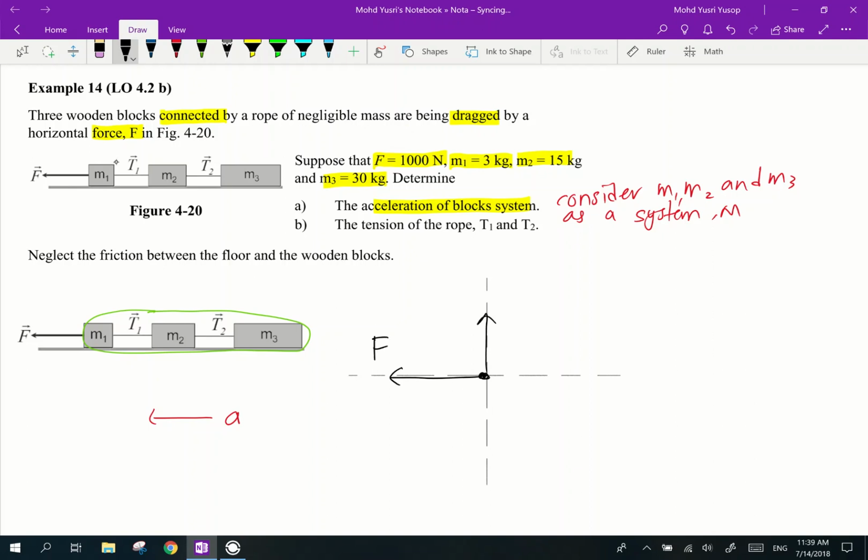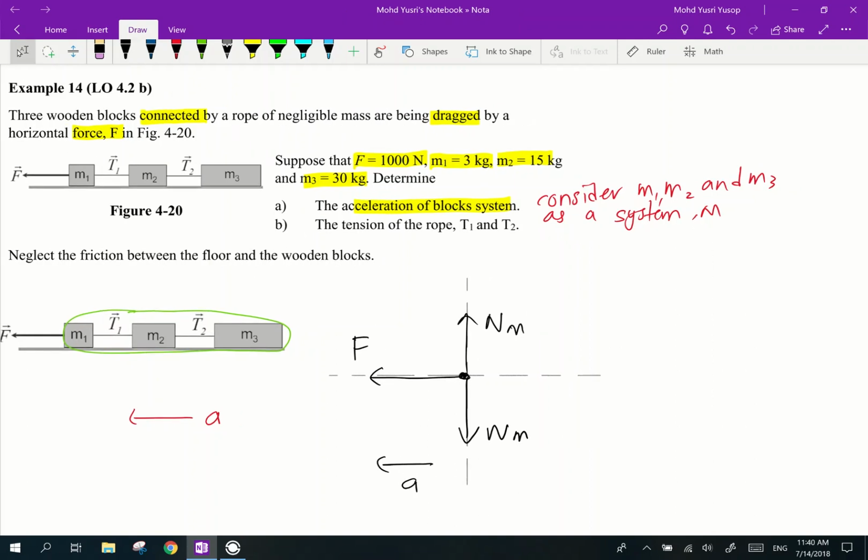And then I have the normal force of the system and the weight of the system. Now, since the acceleration is to the left, we can apply Newton's second law. Sum of F is equal to ma.